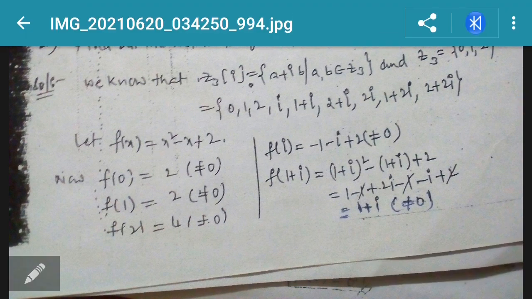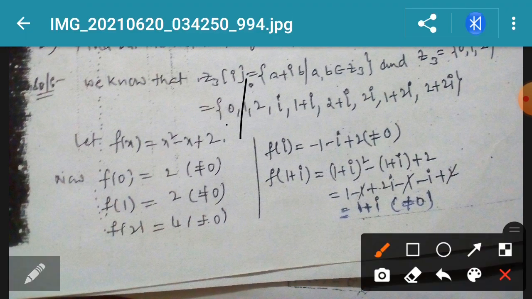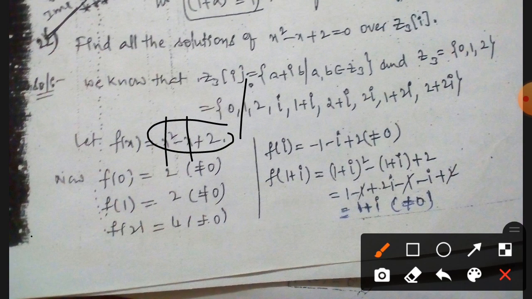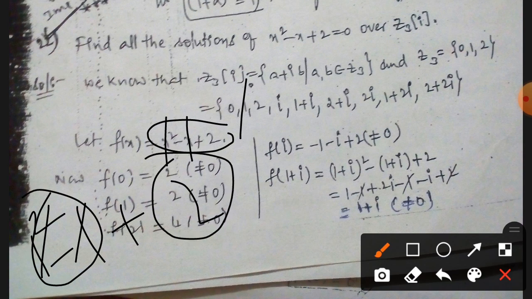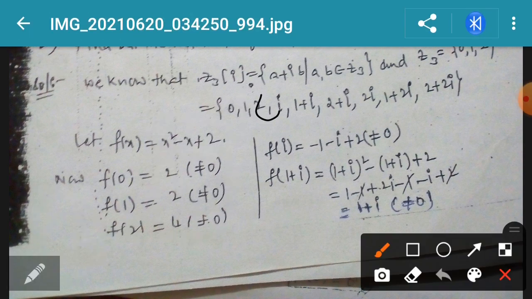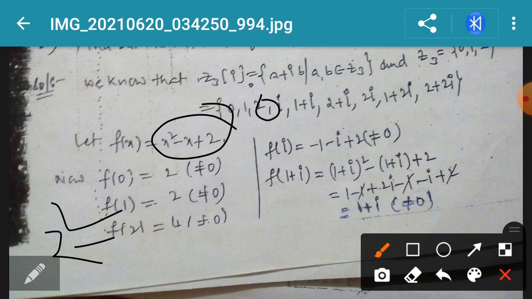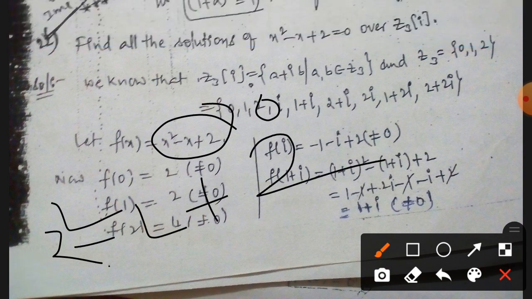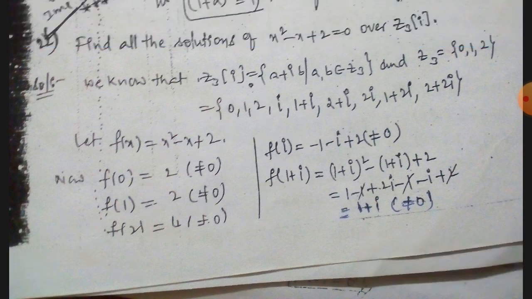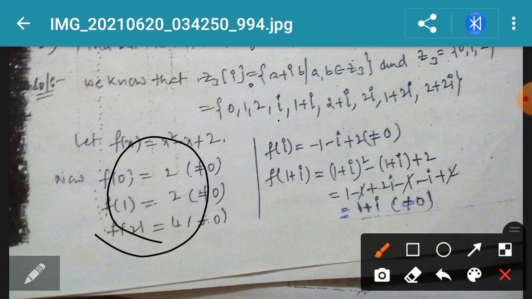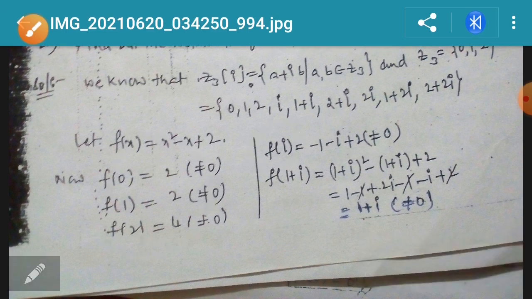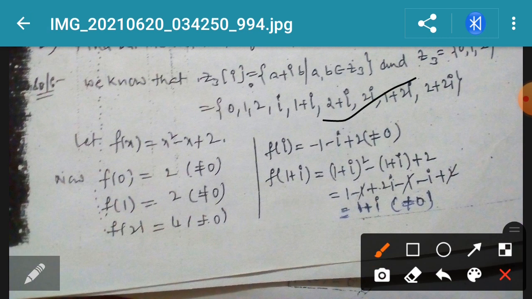We take 1: 1 square minus 1 plus 2, 1 minus 1 becomes 0, so the value is only 2. Then we substitute 2: 2 square minus 2 plus 2, 4 minus 2 plus 2, so it becomes 4. After that we substitute i: minus 1, minus i, plus 2.